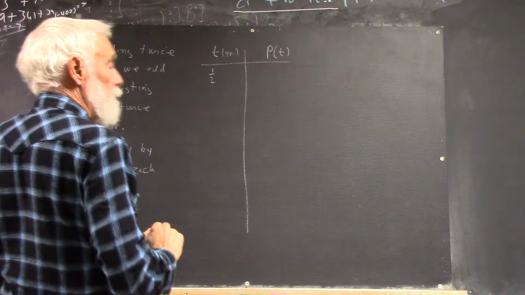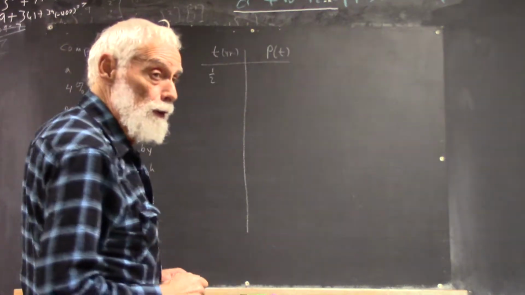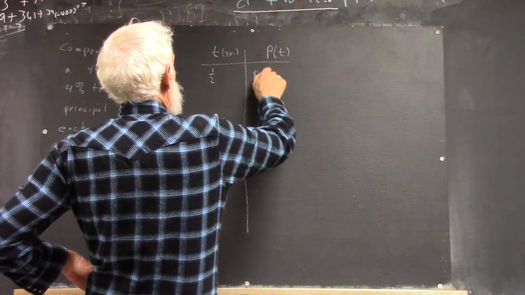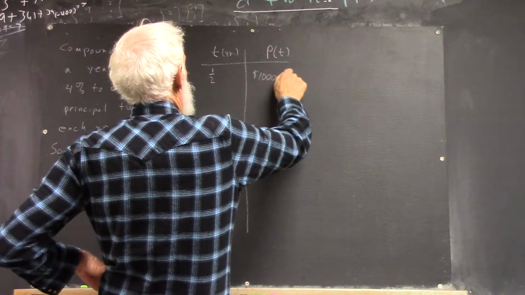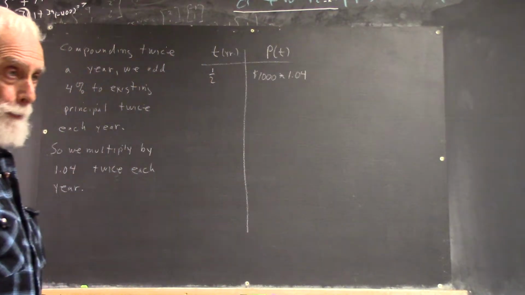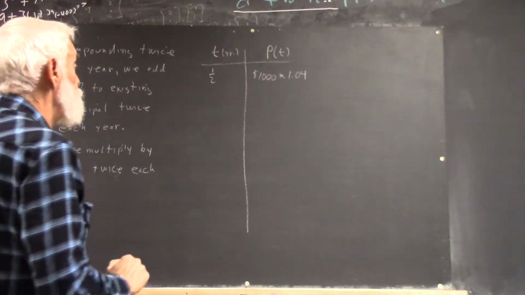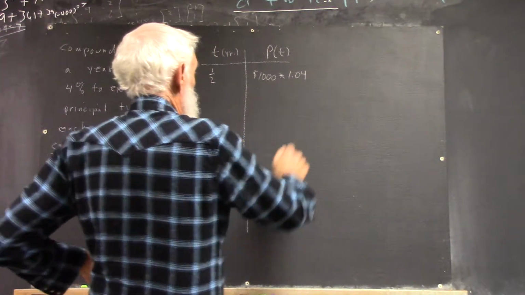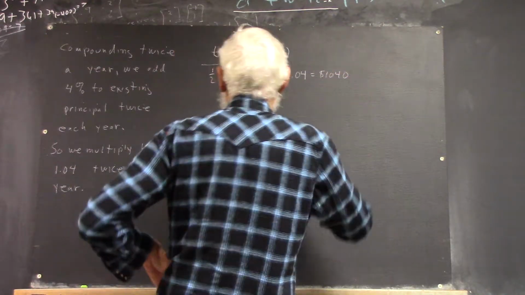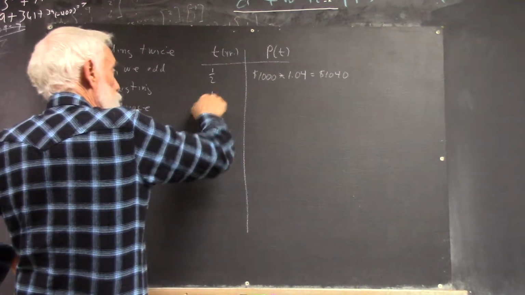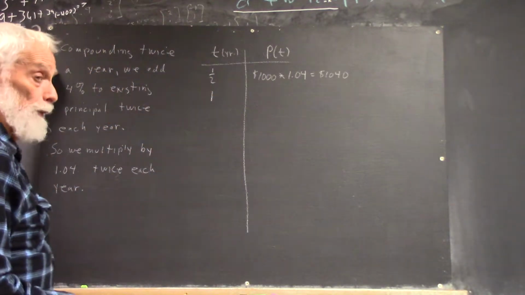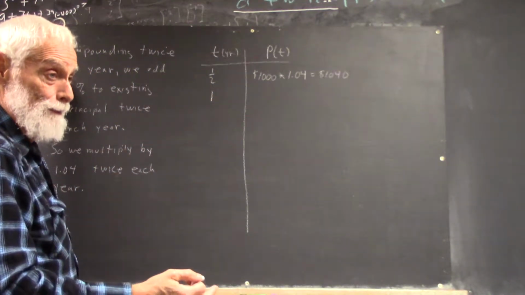Now, at half a year, what's my P of T going to be? It's going to be $1,000 times 1.04, right? And that turns out to be $1,040. After 1 year, well, another half year has gone by, we're getting 4%, half of our 8%, twice a year.